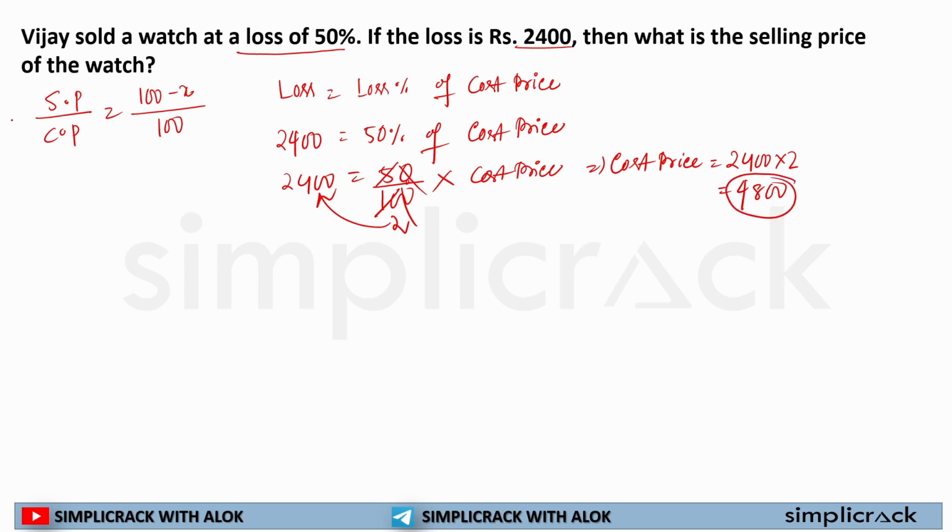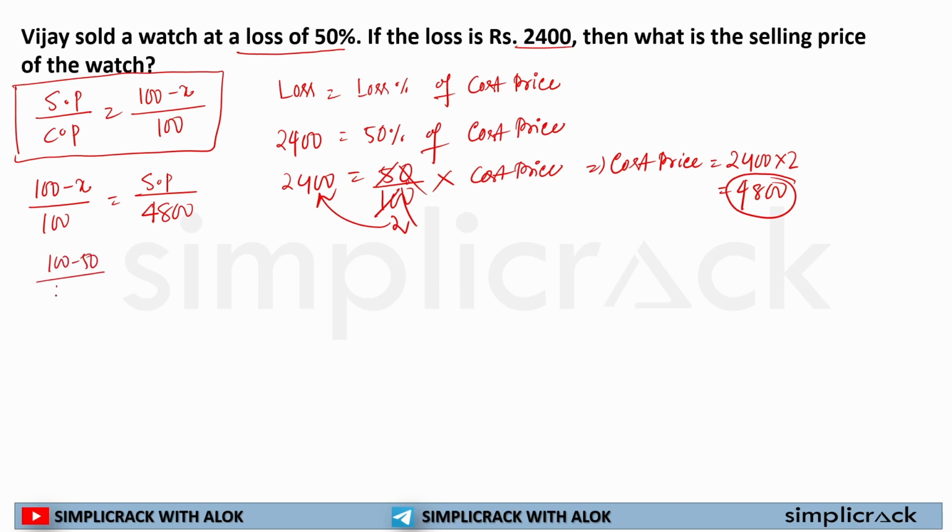4800. Now in this whole equation, it is written as 100 minus X by 100 is equal to selling price divided by cost price, that is 4800. And X is equal to what? 50. So 100 minus 50 divided by 100 is equal to selling price by 4800.